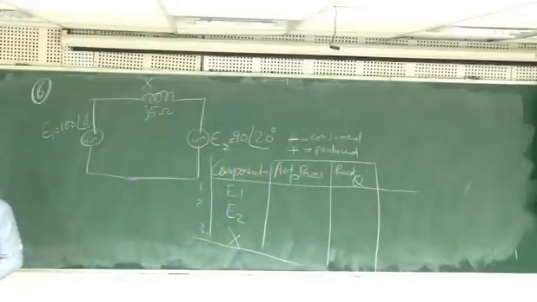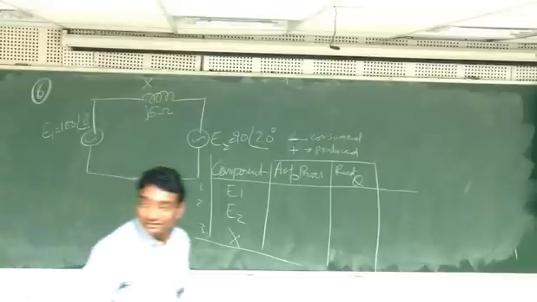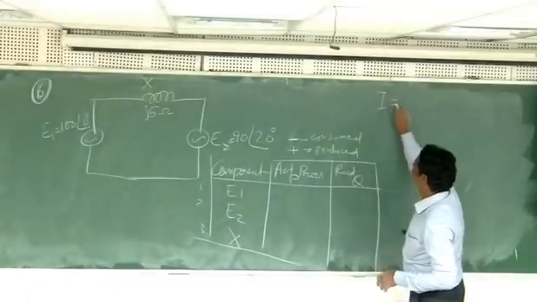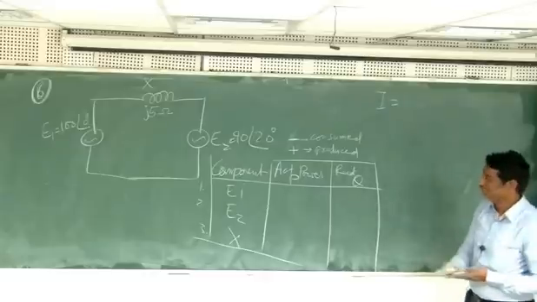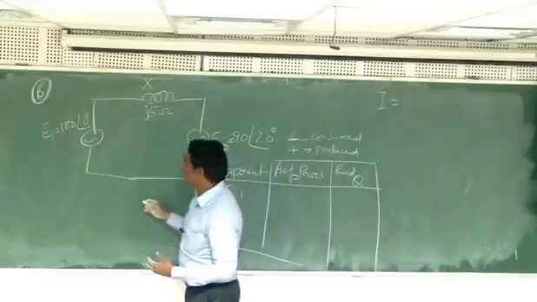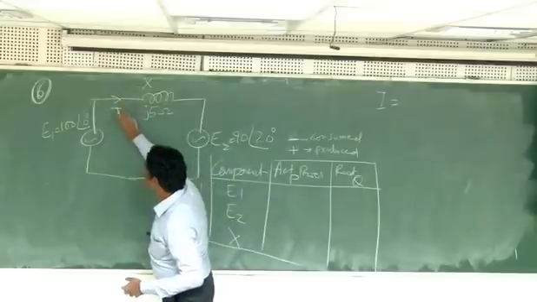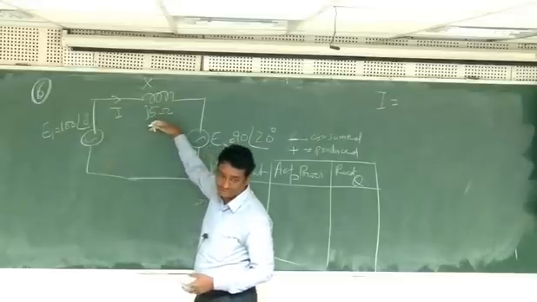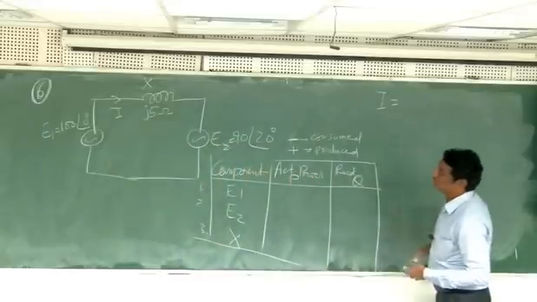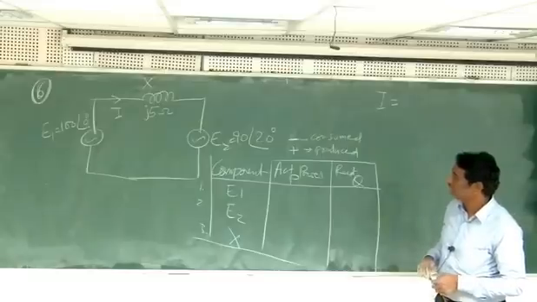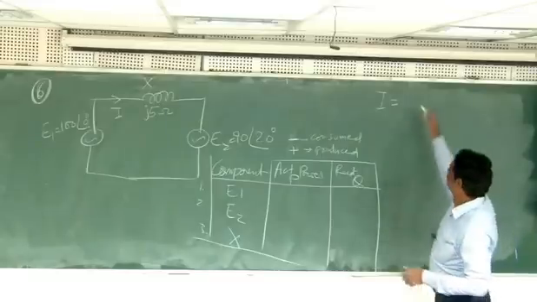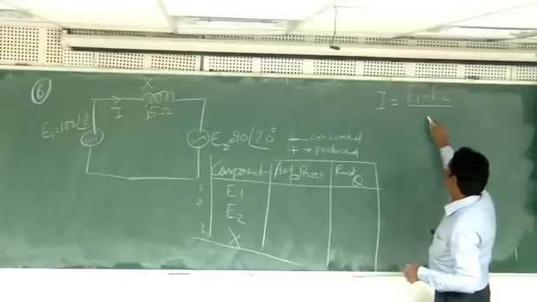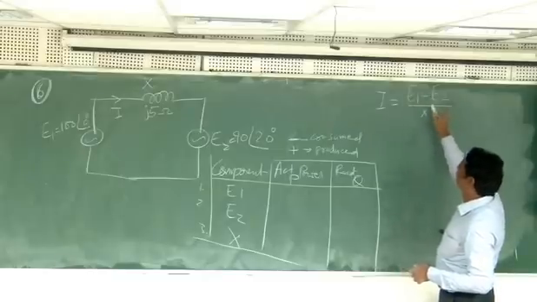I think it's almost 2 minutes. I'll just tell how to do it. So what is the current? Just apply Ohm's law. If I denote this as I, what is I? E1 minus E2 divided by X. Now these three are complex numbers.